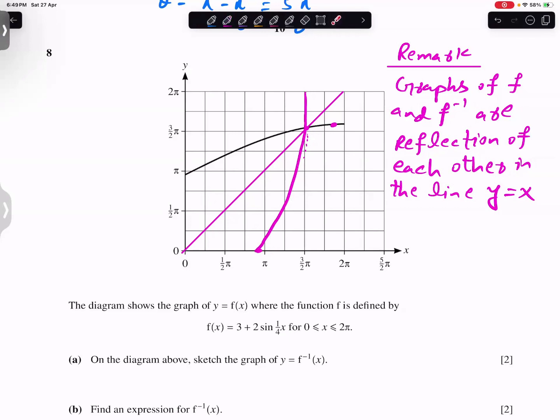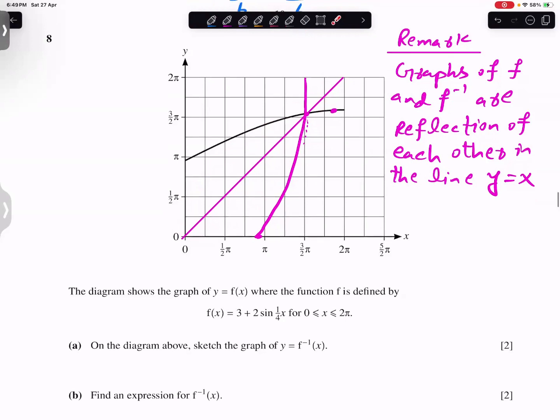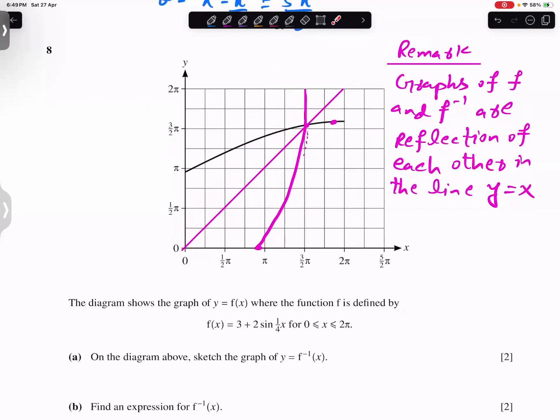Okay, students, the graph of f inverse is the reflection of the graph of f in the line y is equal to x. Just remember this concept. One more thing, students, you can see that the domain of our function was from 0 to 2 pi. It started from 0 and goes to 2 pi. This is the maximum point.